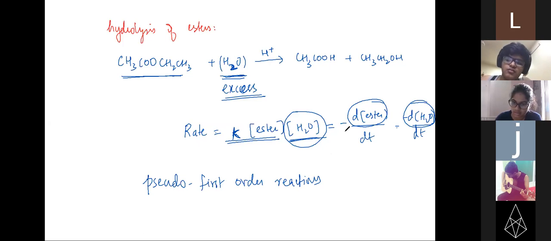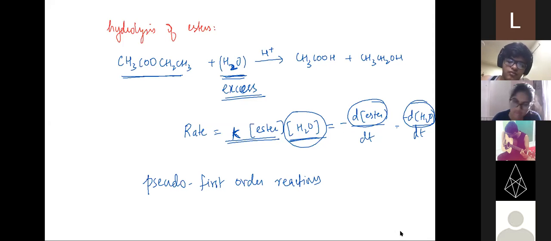Jaslene's done. Ananya is also done. Cool. Should I display the equation part of the screen? I'm assuming Kingshuk's also done, unless you have a doubt.